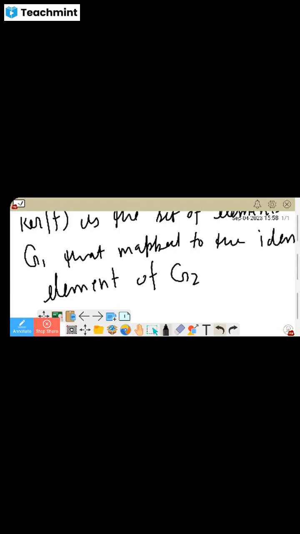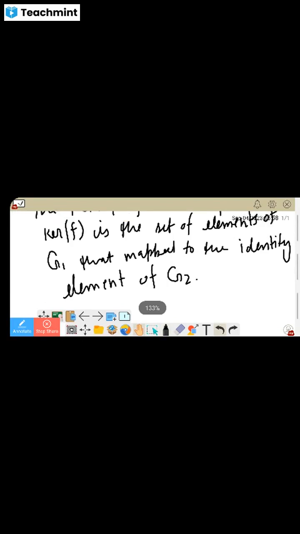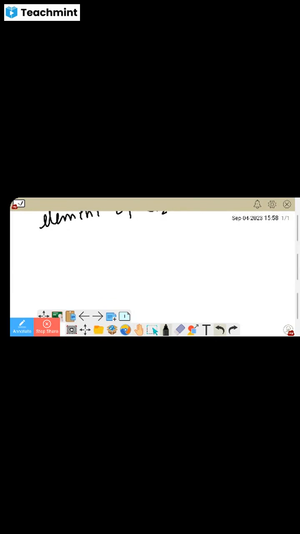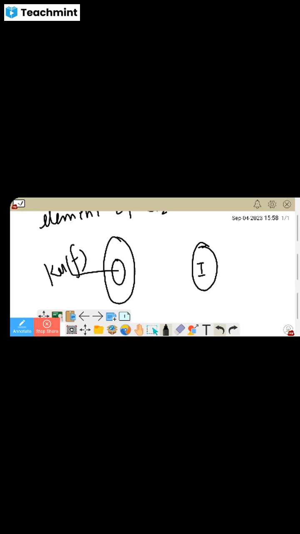So kernel is the set of all those elements which are mapped to the identity element of G2. We can then represent this kernel by mapping. This is kernel F, having all those elements of G1 mapped to the identity element of G2.